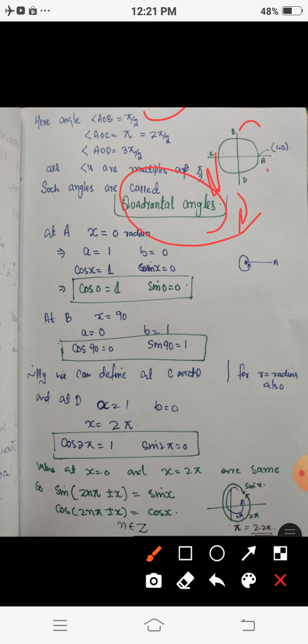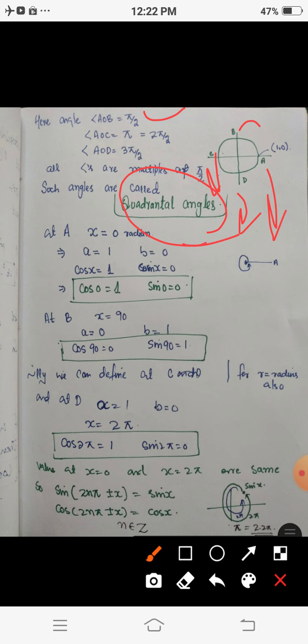Now at this point A, coordinates are 1 comma 0. Here if we consider the angle between OA and OA, it is simply 0, because here x is 0. When x is 0, the angle equals 0 radian, a equals 1, b equals 0.